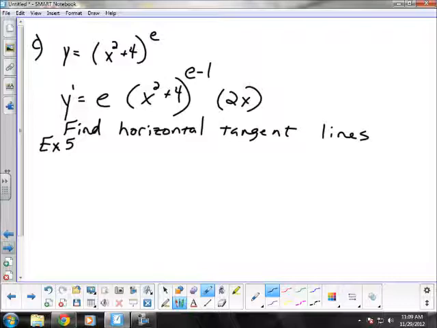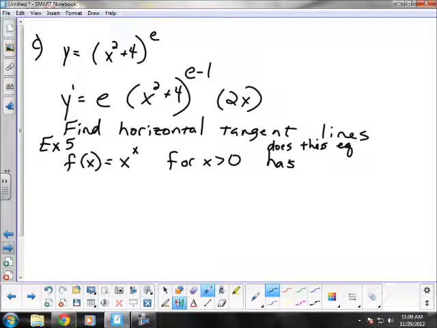Okay, so what we're doing in example 5 is we're going to decide, does the equation f of x equal x raised to the x, as long as x is greater than 0, have any horizontal tangent lines?